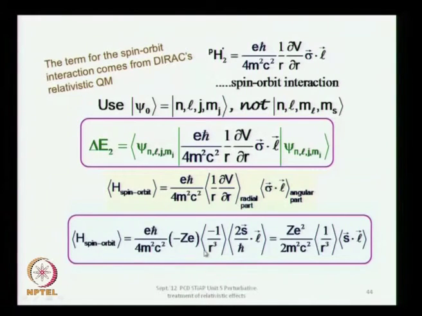So, you get a minus ze, and then there is a 1 over r cube term, and then there is this sigma, which is twice s over h cross, dot L. So, this is the correction that you want to determine. These two minus signs cancel, and now you need the expectation value of 1 over r cube over the hydrogen atom non-relativistic radial functions, and then the expectation value of the s dot L term.